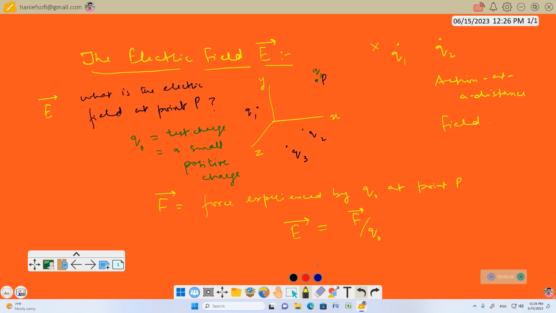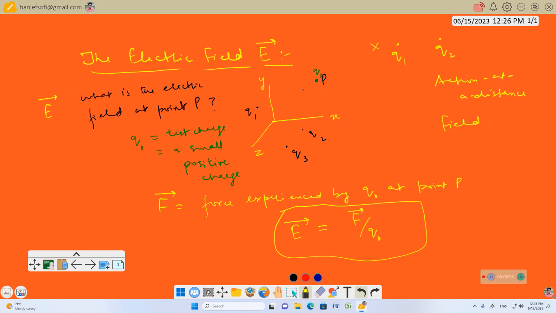This is the definition. So you can see the electric field at point P will not contain Q naught in its expression because F will contain Q naught.